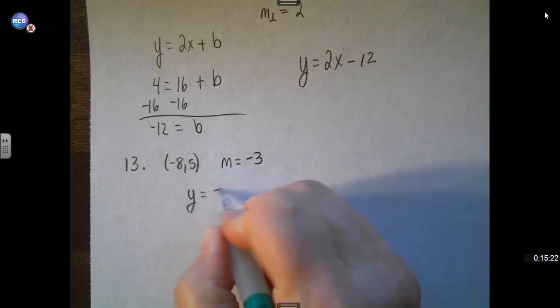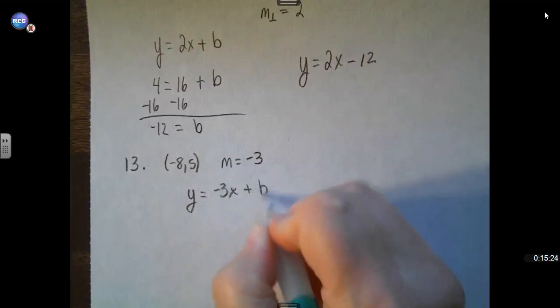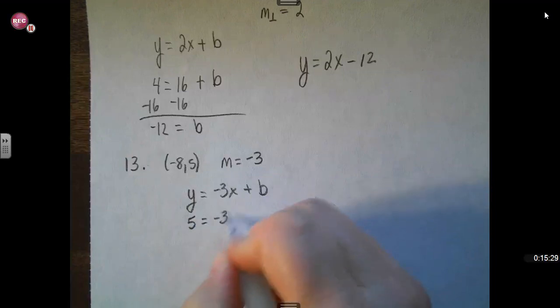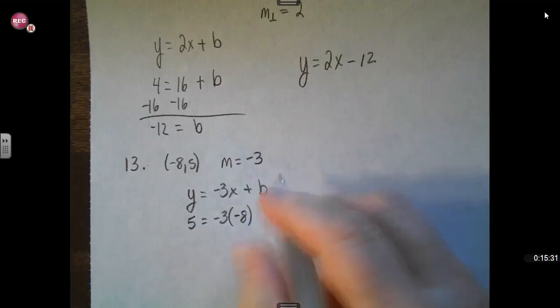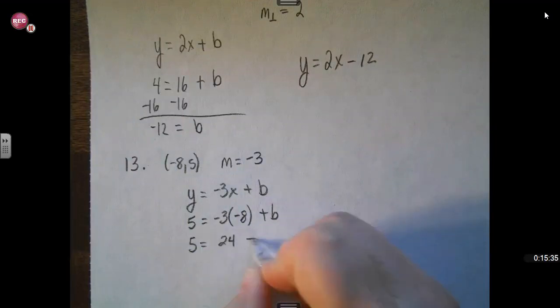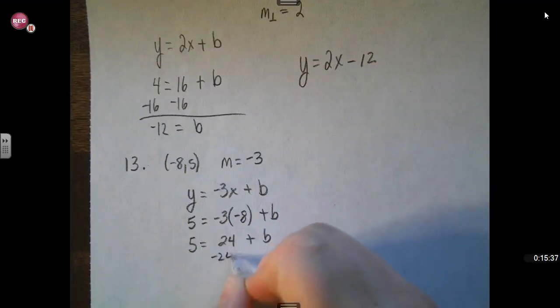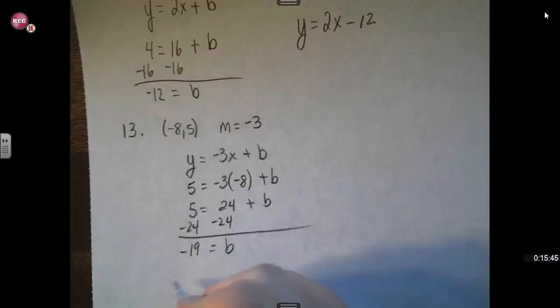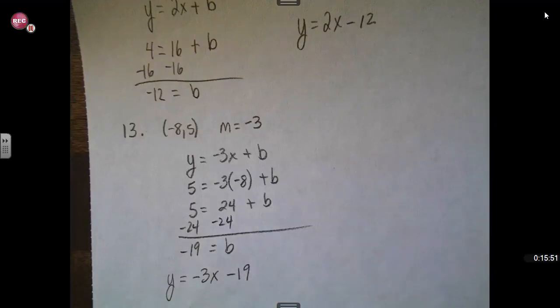Y equals -3x plus b, and then plug in 5 for y and -8 for x. 5 equals 24 plus b. Subtract 24 from both sides, and kind of an ugly y-intercept, but we'll live with it. So my answer, y equals -3x minus 19.